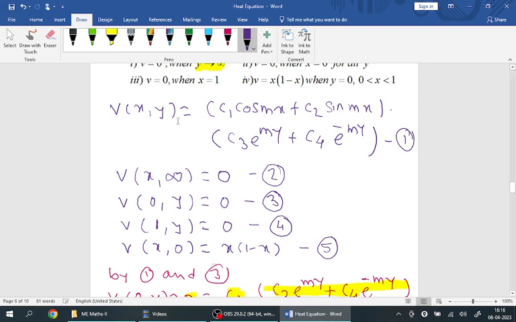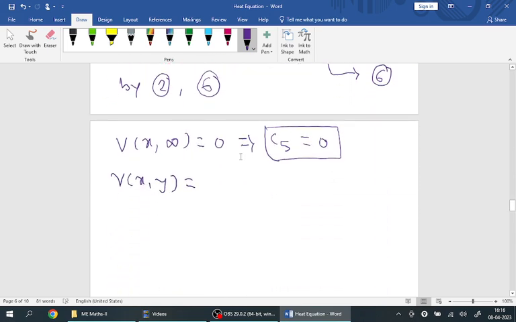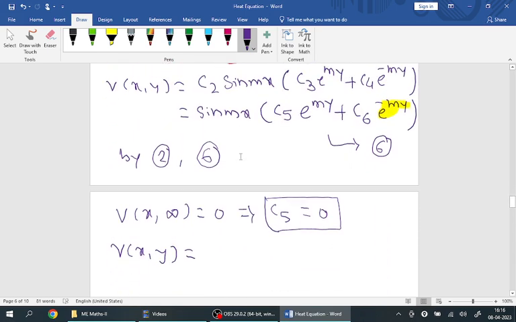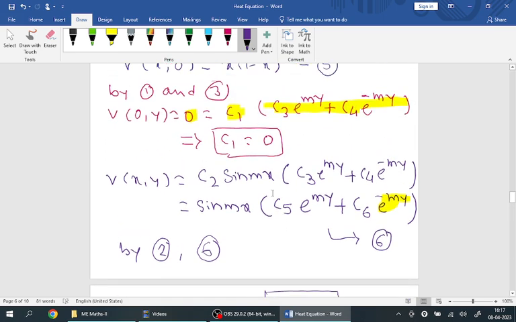So you will come to the similar answer here. If c5 is 0, the solution will become sin mx into c6 and e raised to minus my. So that is solution 7.